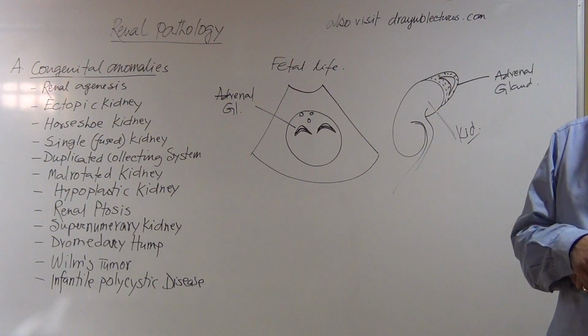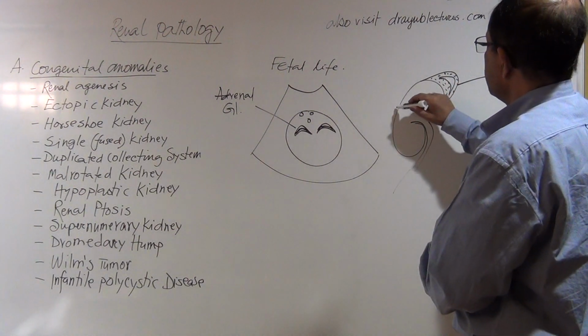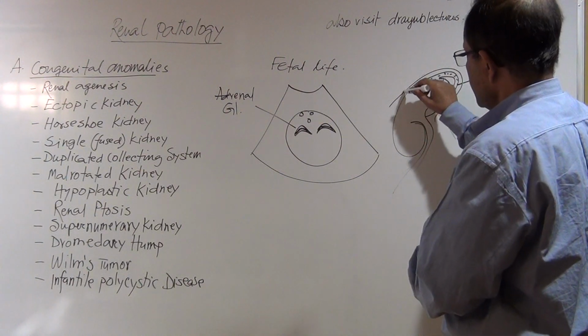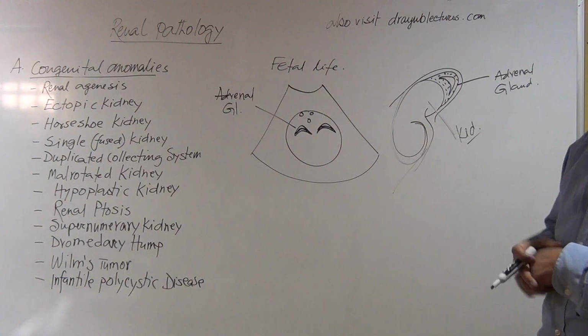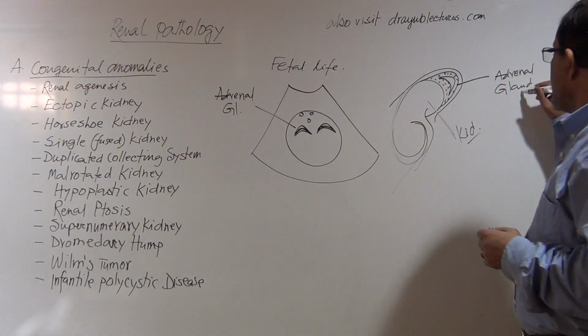They don't care about each other. Normally the adrenal gland is covered by Gerota's fascia along with the kidney.